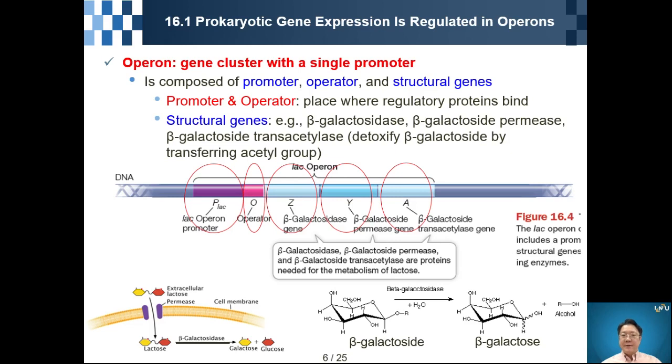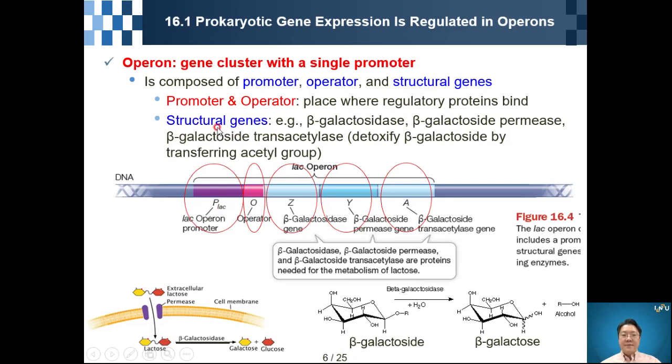It's like this. But the main thing is that one operon has only one single promoter. So what are the promoter and operator? The promoter and operator are where regulatory proteins bind.